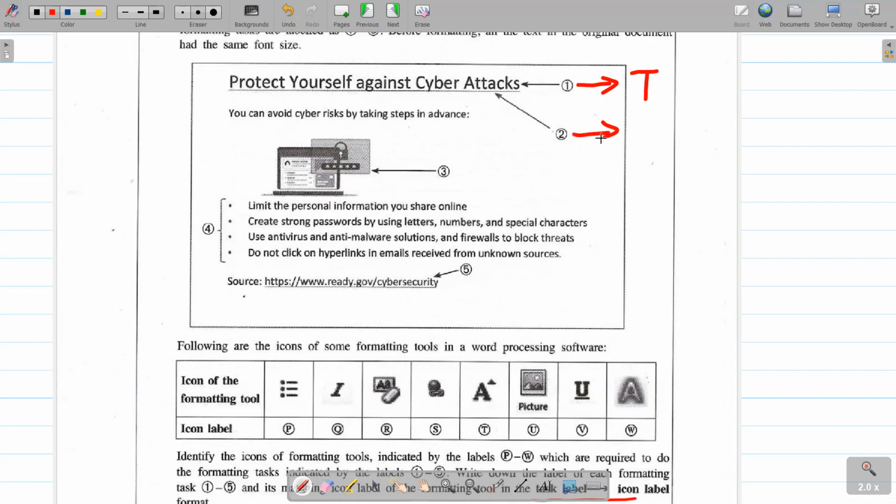Second one indicates the underline, so V. Third one is related to the picture, which is U. Fourth one is related to the bullets, which is P. Fifth one is related to the hyperlink, which is S. Right? So it's going to go like that. 1 is T, 2 is V, 3 is U, 4 is P, 5 is S.